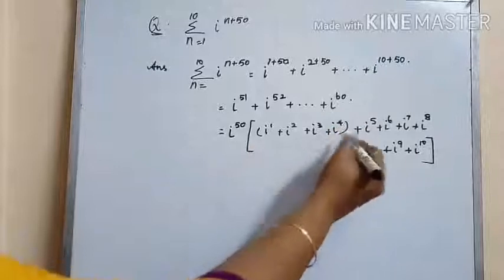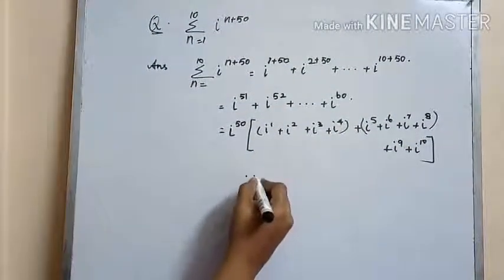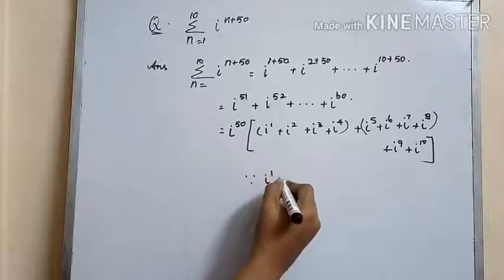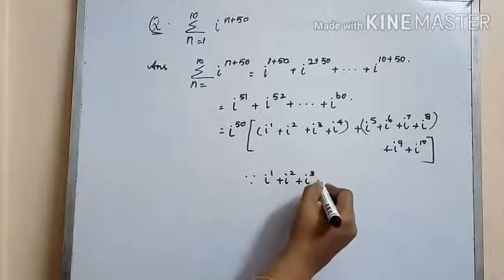So here we are going to group the terms as the first 4 terms in a group, the second 4 terms in a group, and the last 2 terms.